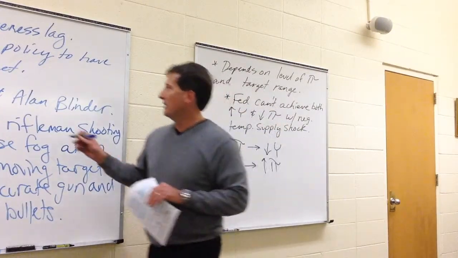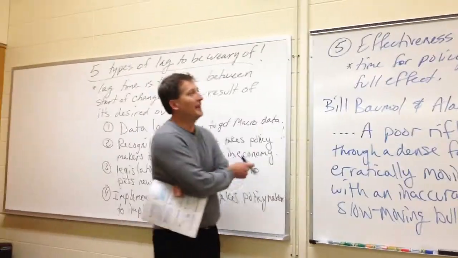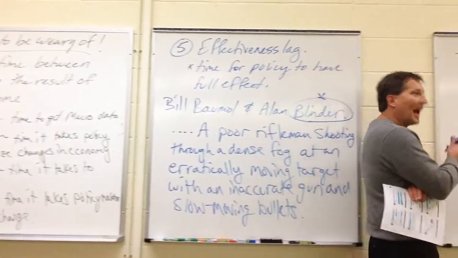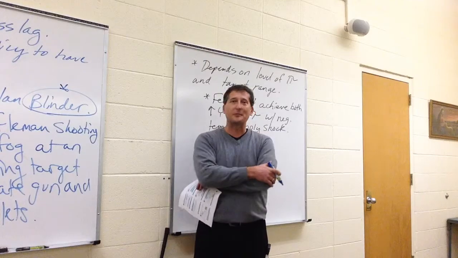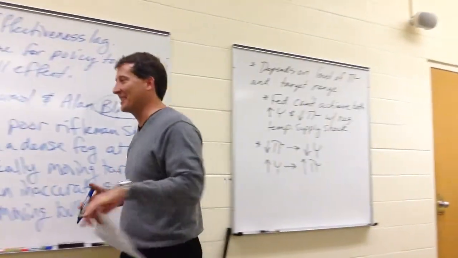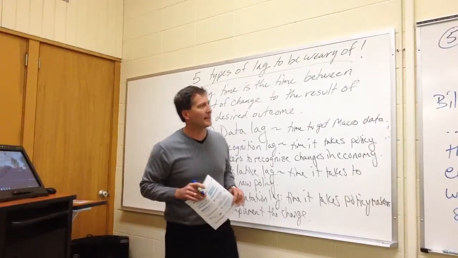Now, Blinder tends to be more of a Keynesian. So despite his words, he still thinks that the activist measures would be better, is what Blinder would argue. You should still shoot anyway. Yeah, regardless of how hard. Right. Well, still shooting should be better than not shooting, I guess.